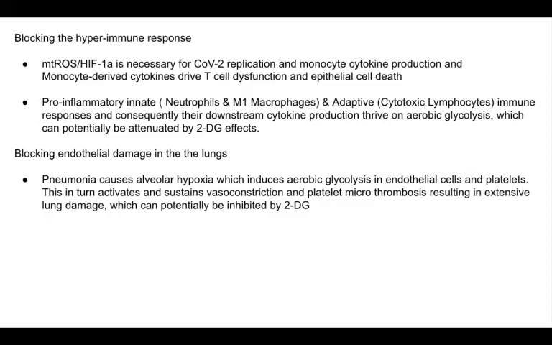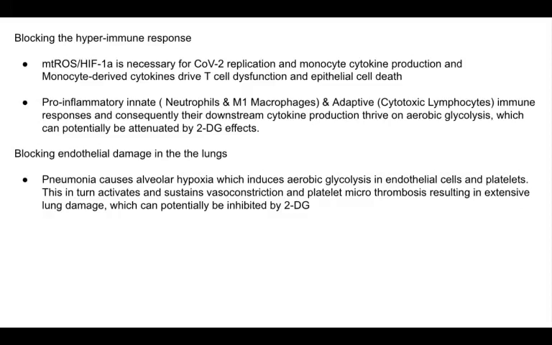Now, another thing that happens, which may not be central to the virus as such: these COVID-19 infections and pneumonias cause hypoventilation of the affected regions due to the pneumonitis, which causes alveolar hypoxia. And this hypoxia induces aerobic glycolysis in the endothelial cells and platelets.